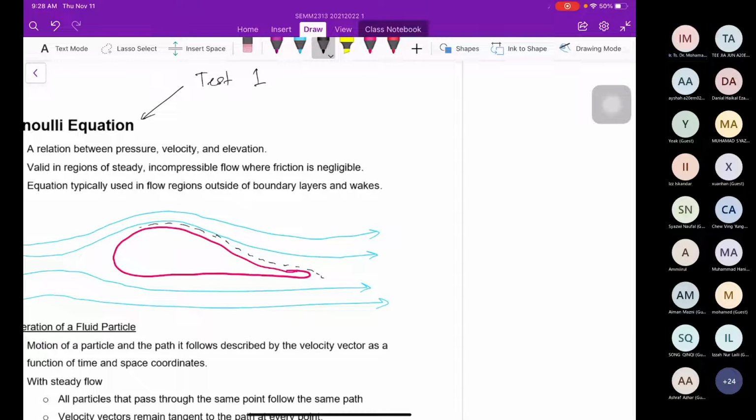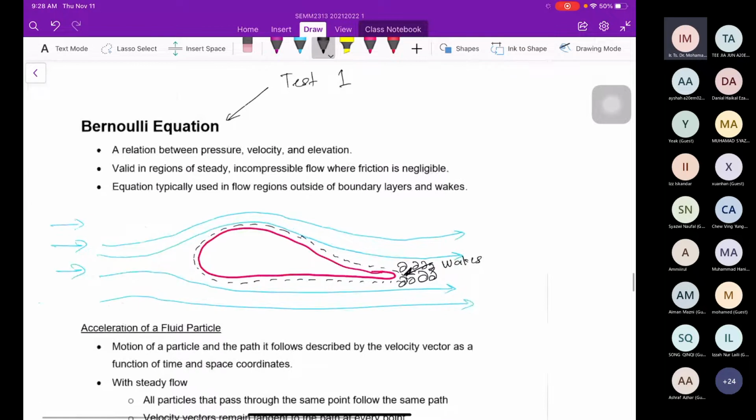The boundary layer is very close to the surface. And here we have the wake, which is the circulation of flow. It is like a chaotic flow. We call it a wake. So the Bernoulli equation is not applied inside the boundary layer as well as at the wake section. It is only applied outside of the boundary layer. Maybe it is applied at this point or this point, or maybe this point. Bernoulli equation acceptable.